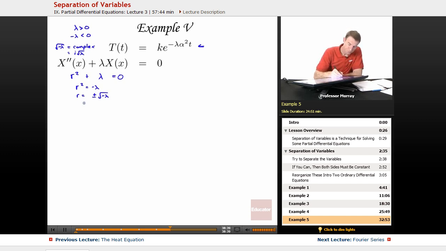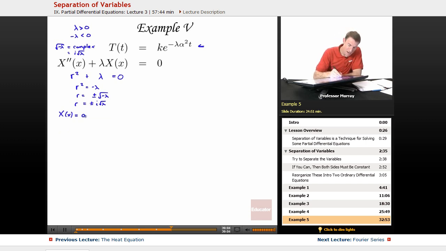So our r here is plus or minus i times root lambda. And so my solution, X of x, is, I think in our earlier lectures we called it C1 and C2. C1 times the cosine plus C2 times the sine. I'm going to call it A and B for my constants this time.